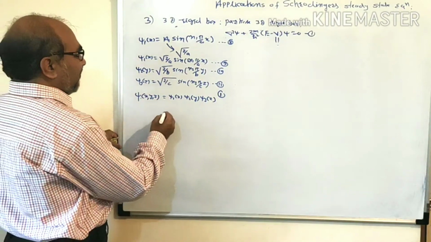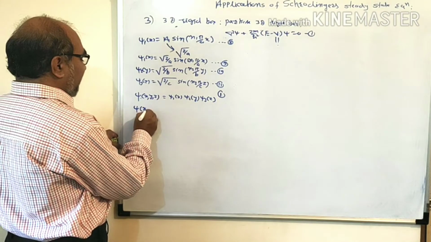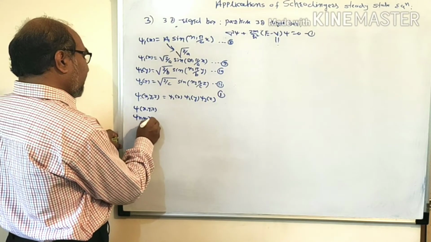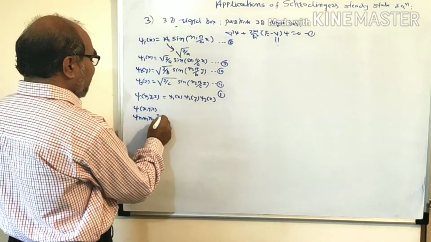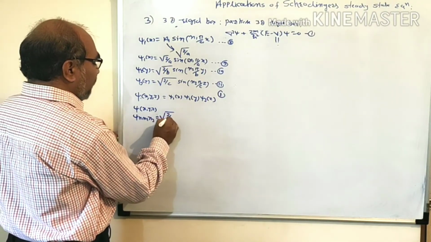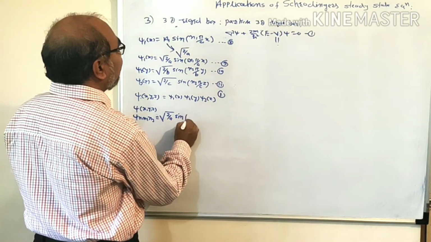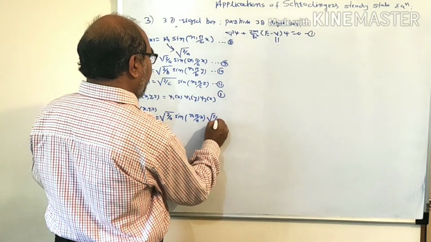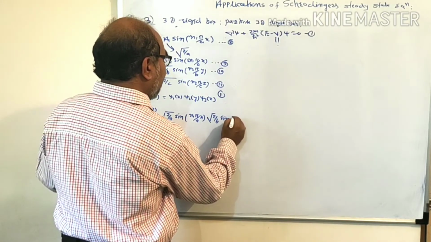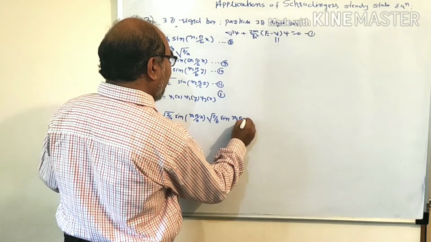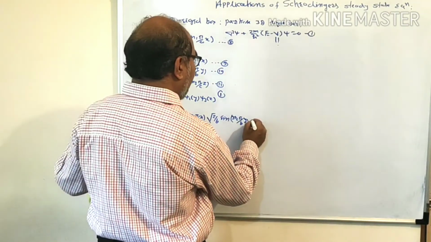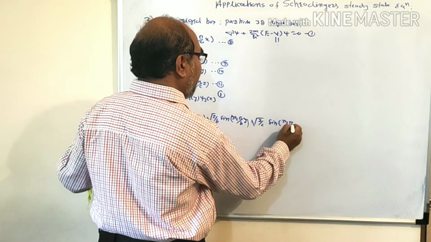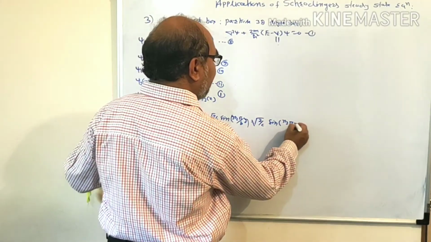Okay, and therefore this psi of x, y and z we term as psi n1 n2 n3, which is equal to psi 1 of x, root 2 by a sin n1 pi by a x, times root 2 by b sin n2 pi by b y, and the third term root 2 by c sin n3 pi by c z.